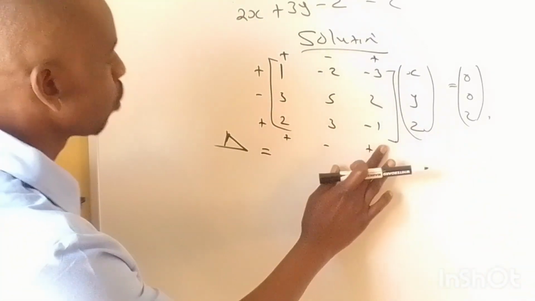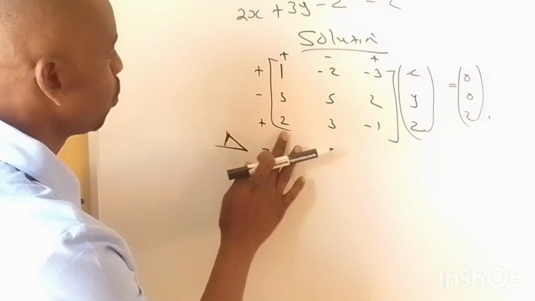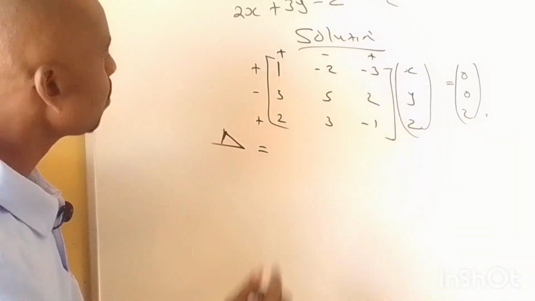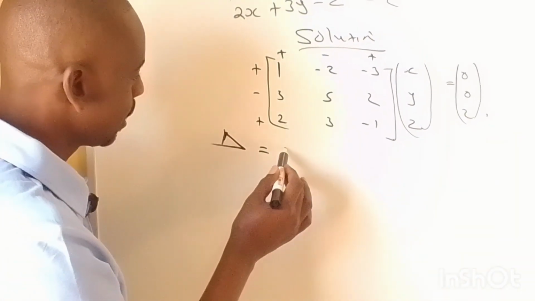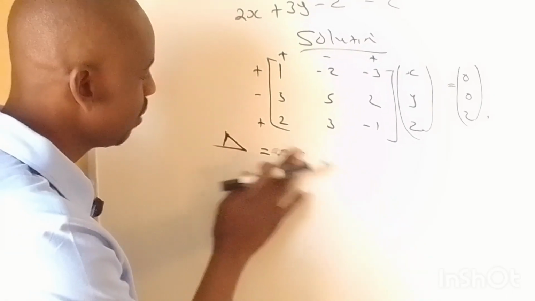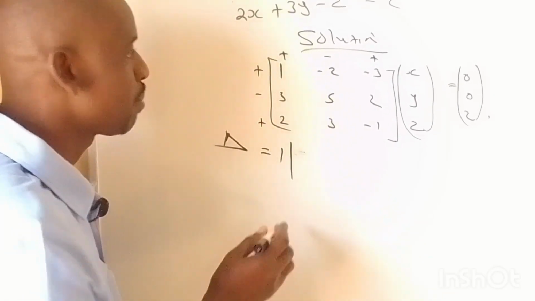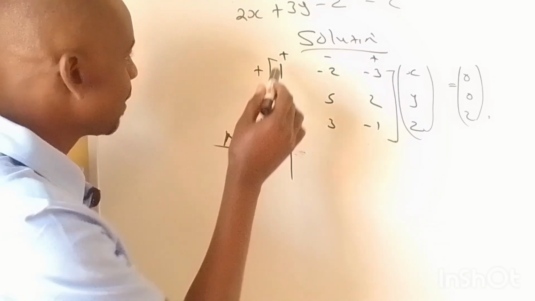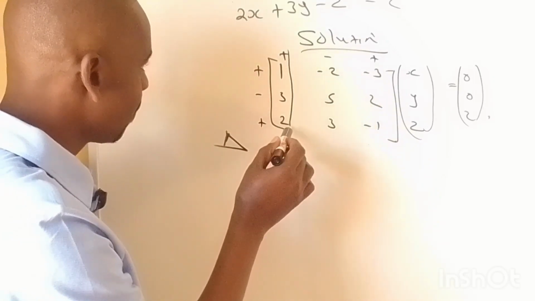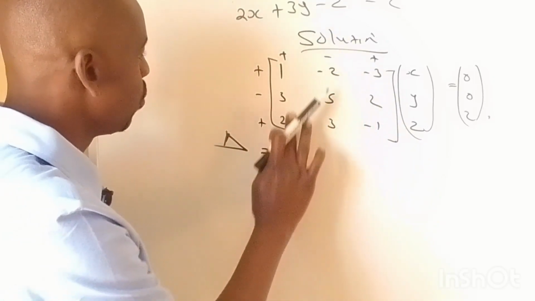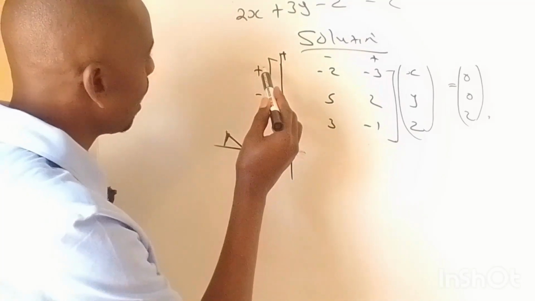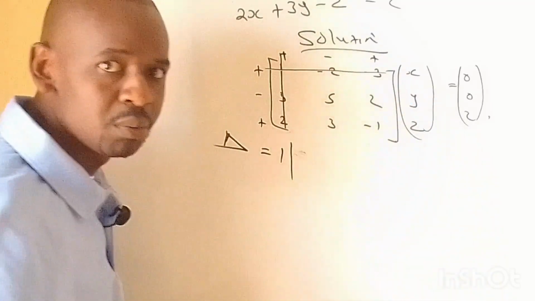So here, what we are supposed to do is take this one here, which is a positive value. You take that one, then you multiply by, you eliminate the vertical of it and the horizontal part of it.